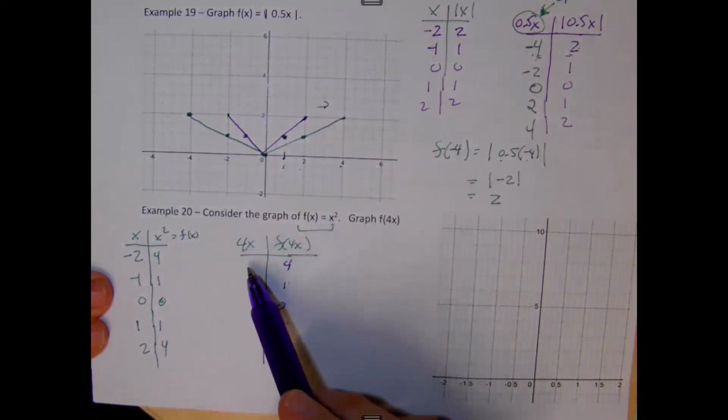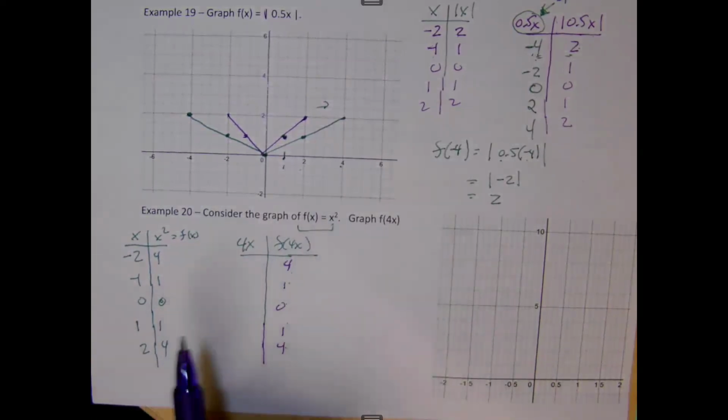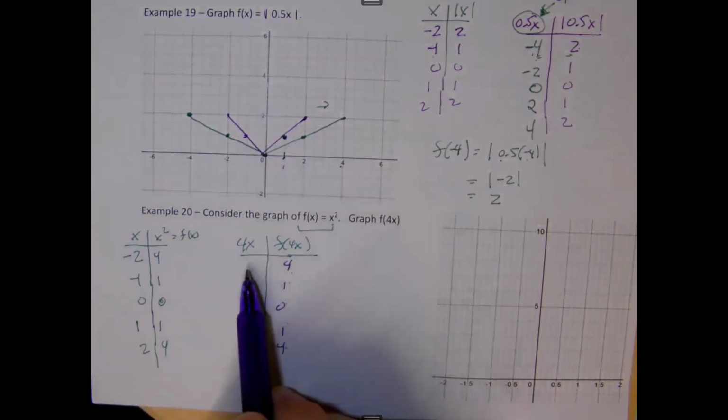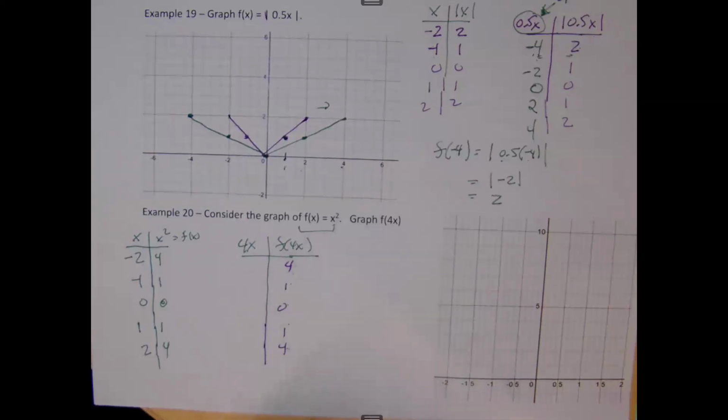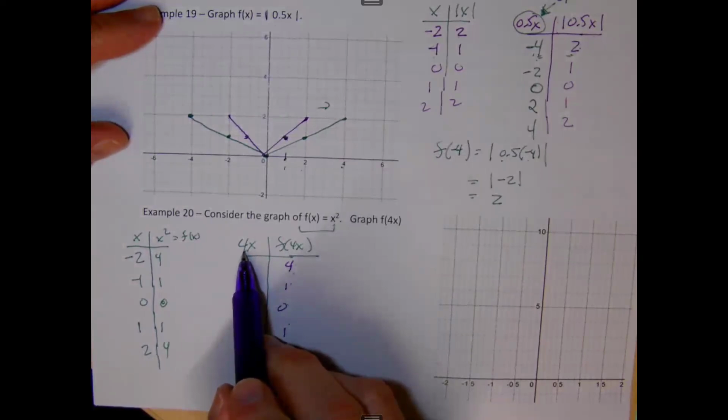So in my mind, when I look at these types of compositions, I think of it like time travel or something. The output is still the same, but where it occurs is now being changed. When it's happening is completely different because I am multiplying by 4.